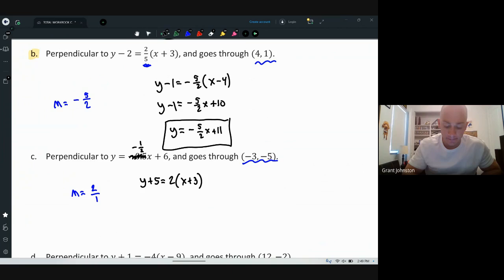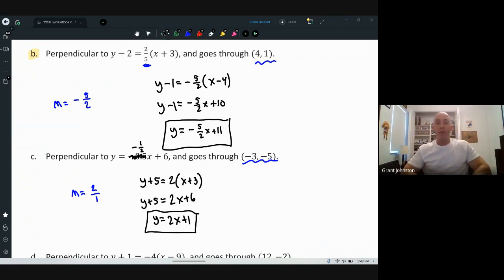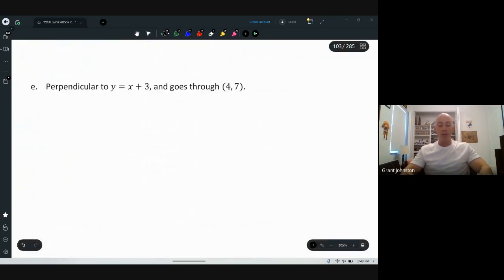And then distribute. So it's going to be 2x plus 6, y plus 5 there. Again, isolate the y, subtract 5 on each side. So I'm going to have y equals 2x plus 1. 6 minus 5 is 1. So there you go. Okay. You can do D and E.